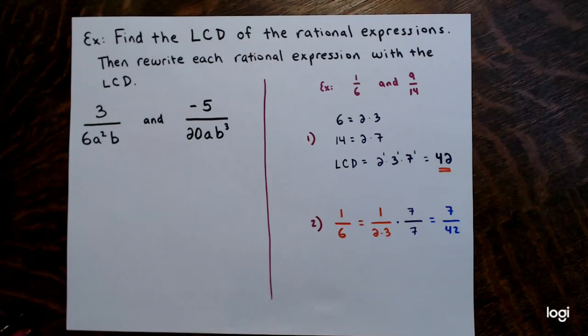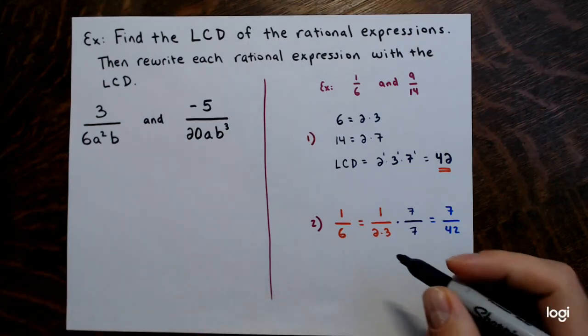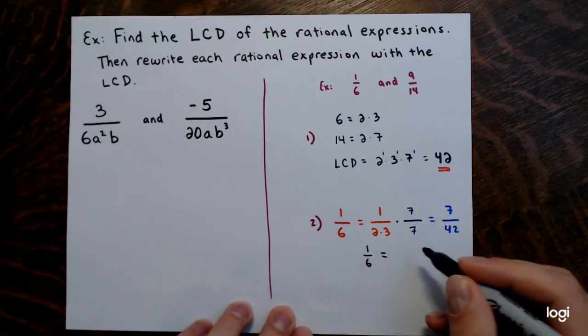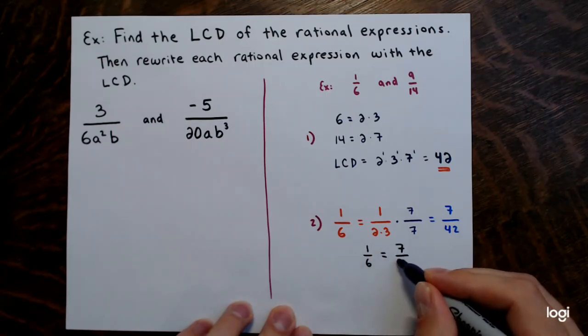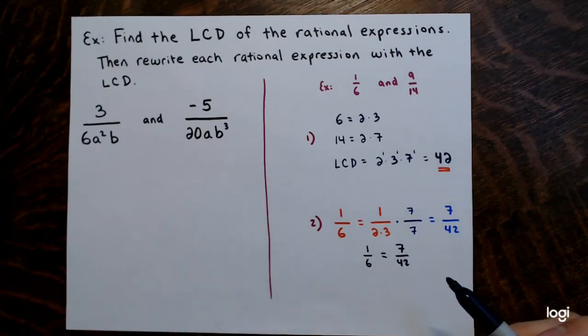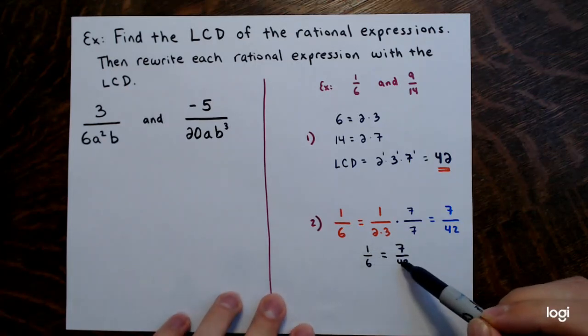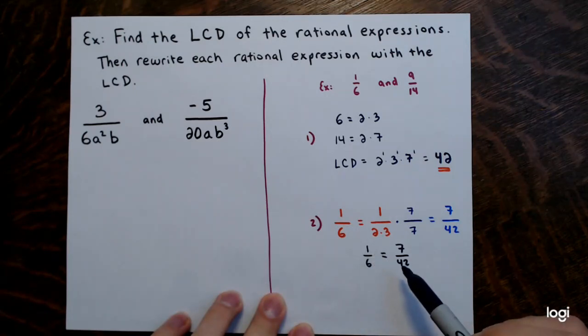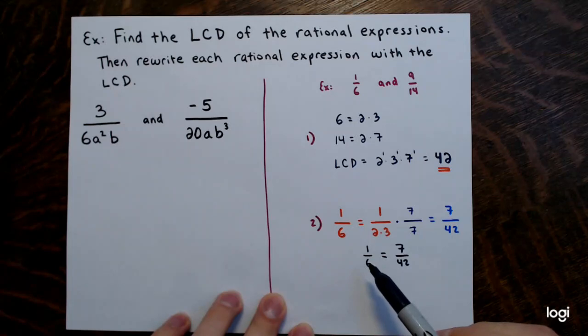So we're getting this statement: 1/6 is equivalent to 7/42. And this is a true statement. A very quick way to check if two fractions are equivalent is to take their cross products. 1 times 42 is 42. 7 times 6 is 42.